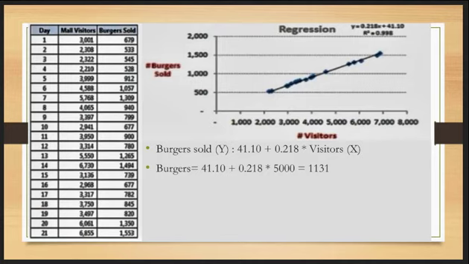First, you need to establish a relationship between the burgers sold and mall visitors. If you plot the scatterplot of these two variables, the number of visitors is on your x-axis and the y-axis is the sold amount. So here we have a clear relationship.